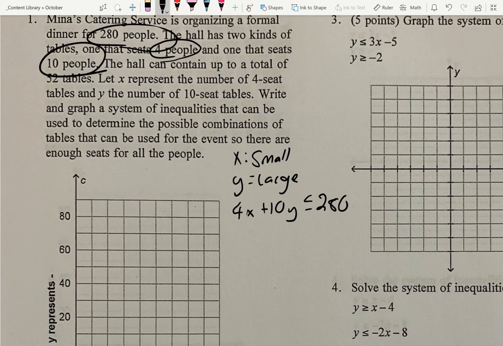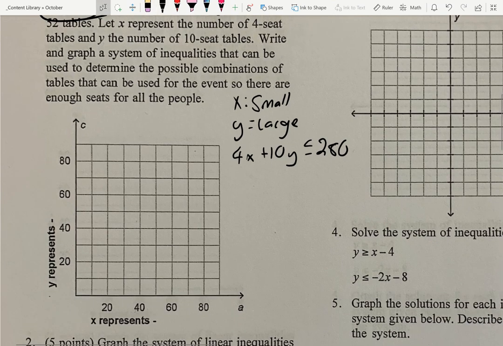So now we need a second inequality, and our second inequality just refers to the number of tables. Just to backtrack a little bit, the first inequality refers to people: 4 people for the small table, 10 people for the large table, and then 280 people in total. It's all about people. But the second inequality is just about the tables.